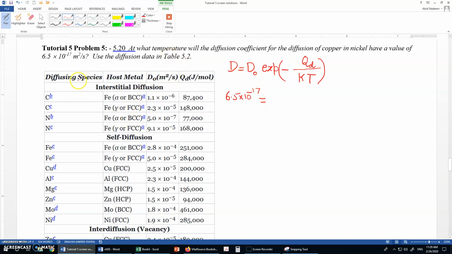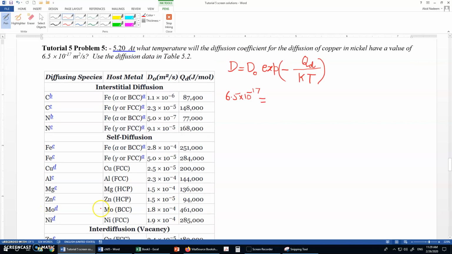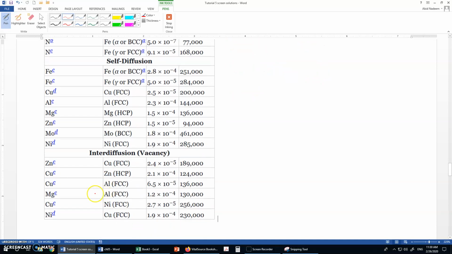This table gives you the values for different combinations. Here it is said that copper in nickel. Copper in nickel should be in the interdiffusion category. The host metal is nickel and copper is the diffusing species.